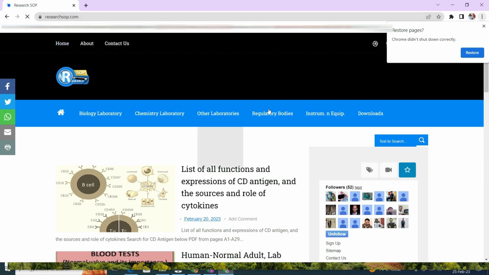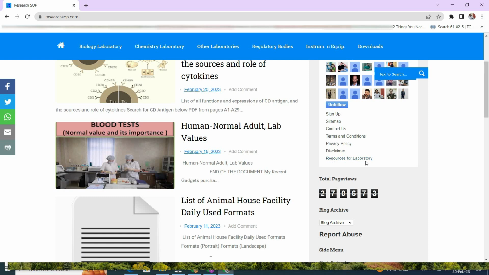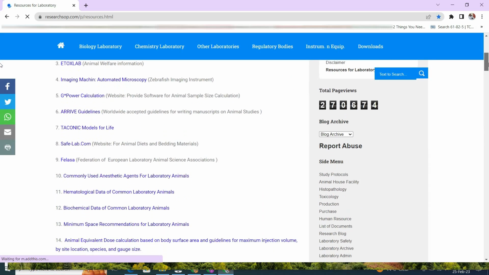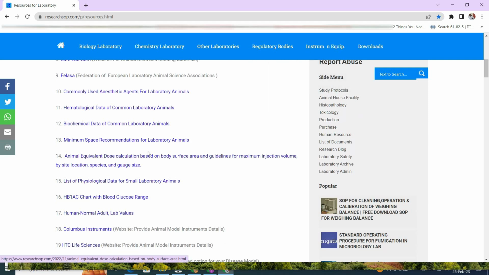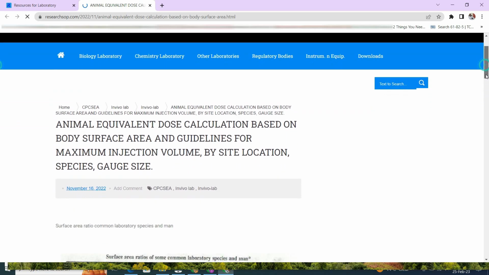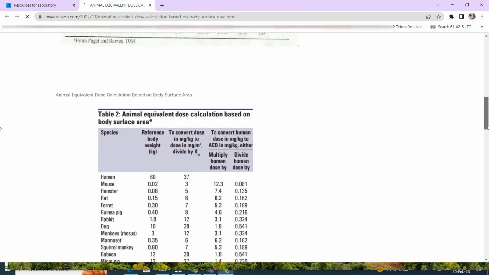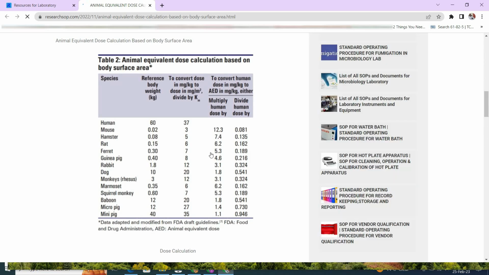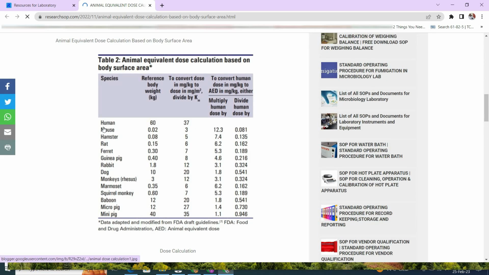Here you can see it's researchsop.com. Here we have to go in resources for laboratory, and we have to find the number point. Click this. Here you can find a chart, the second chart. Here you can see the conversion factor.